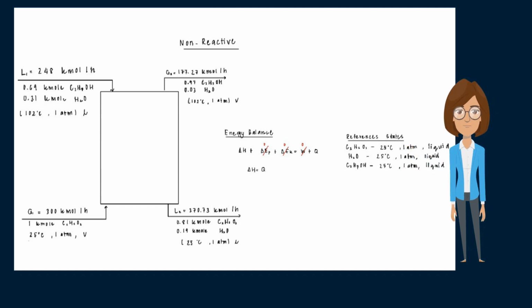We know that the molar flow rates of ethylene glycol and isopropanol remain the same in their outlet streams. The outlet molar flow rates of isopropanol and water in G2 are 171.2 kmol per hour and 6.15 kmol per hour, while the water and ethylene glycol in L2 are 70.73 kmol per hour and 300 kmol per hour.